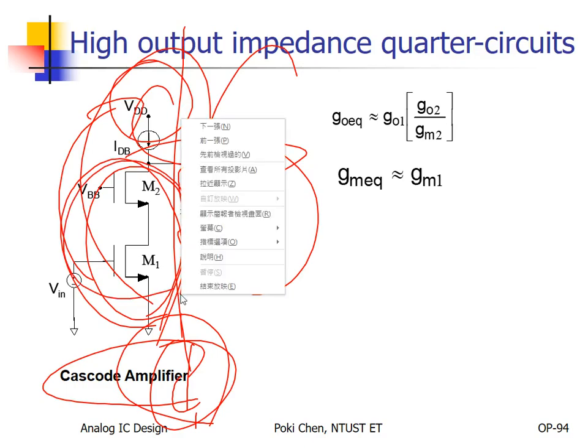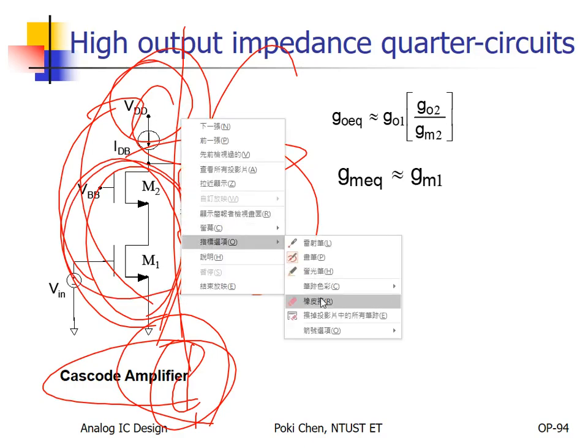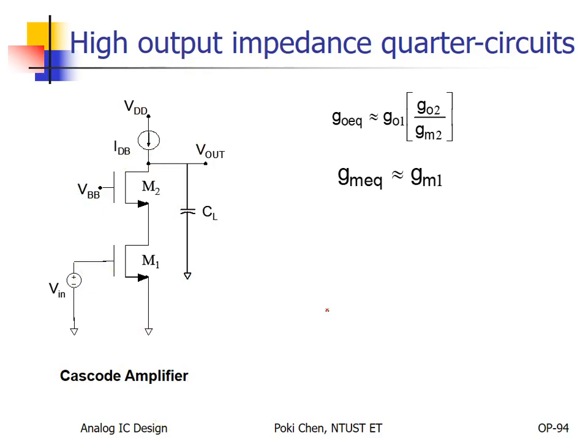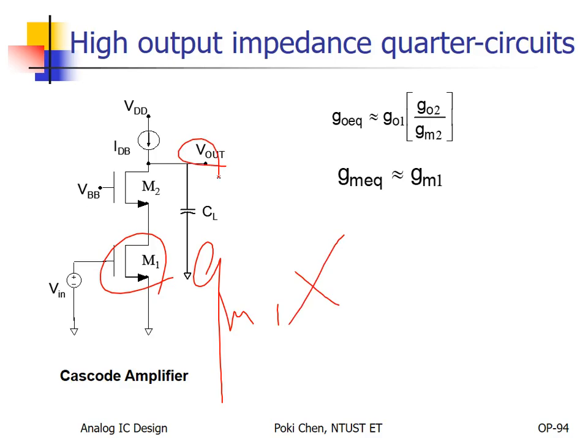And how about the amplification, the gain? That is very simple, right? Because who converts the input voltage to output current? gm1, right? And then by ro, you see from here to there, right?